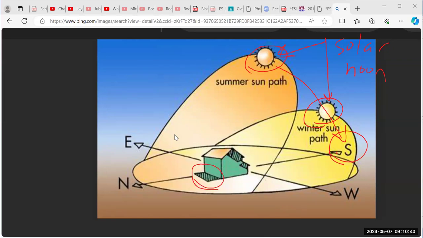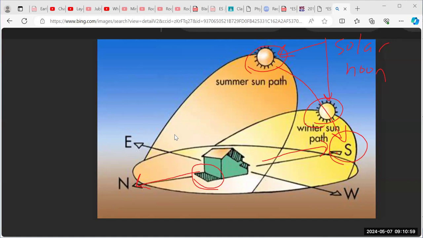So if the sun is facing the south side, then my shadow, as we see here, is facing the north side.